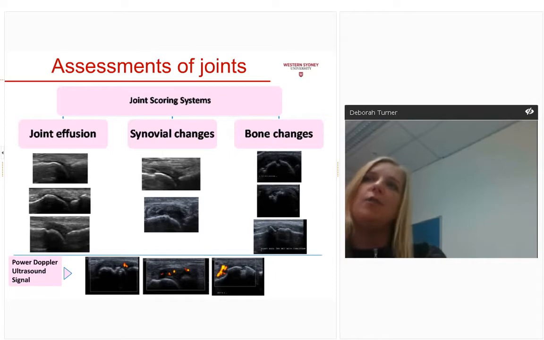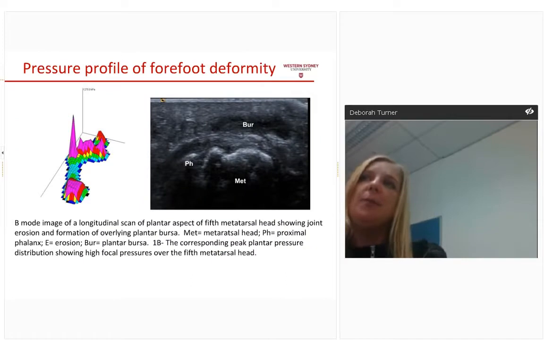Ultrasound can be a useful tool to identify fluid within the joint, thickening of the synovial joint capsule, or changes to the bone cortex. We have to recognise that ultrasound can show bony changes much earlier than X-ray. And it's useful to combine this imaging technique with other modalities, for example, pressure measurement.